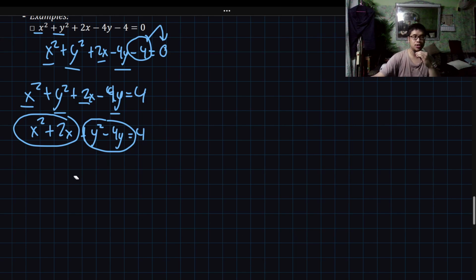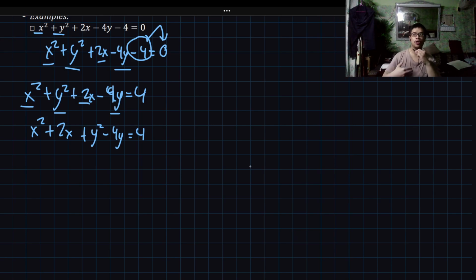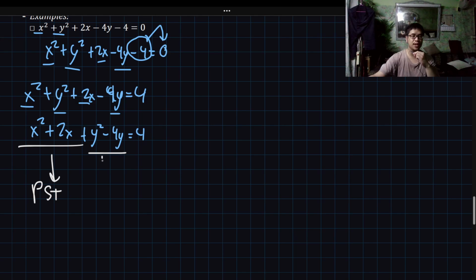So how are we going to convert it into a perfect square trinomial? From this to PST, and likewise from this to PST. But the question here is how? How are we going to do that?